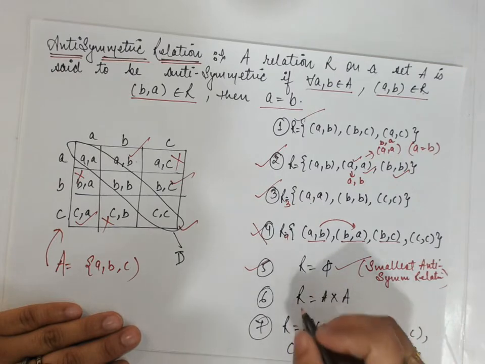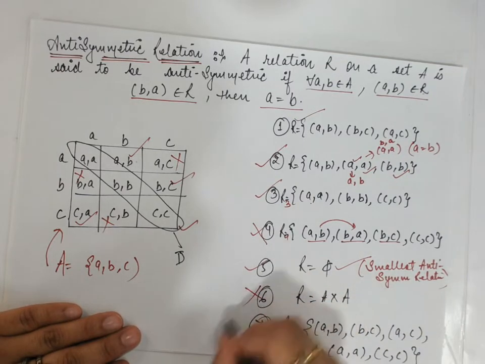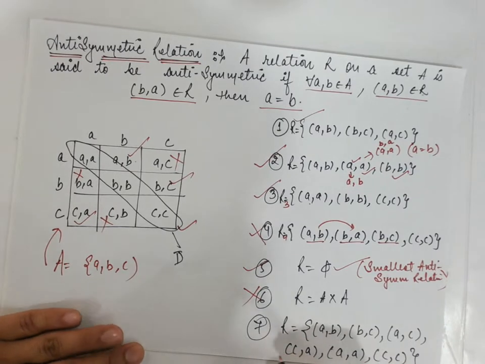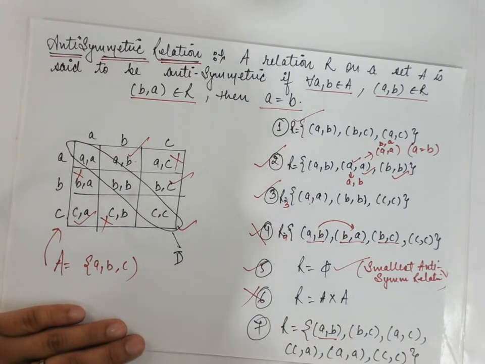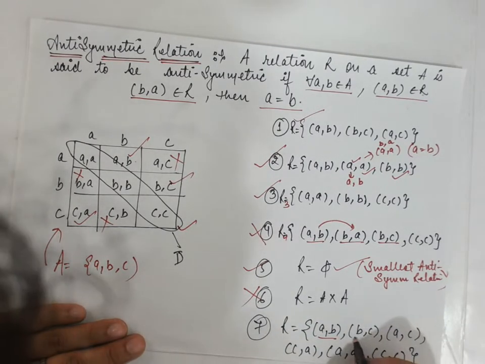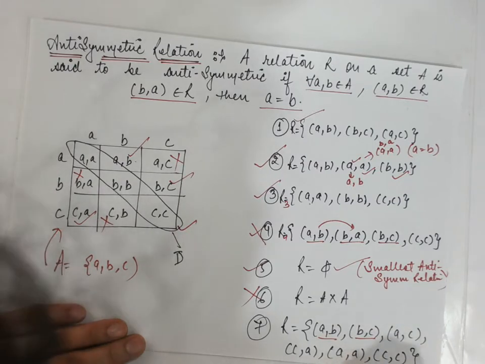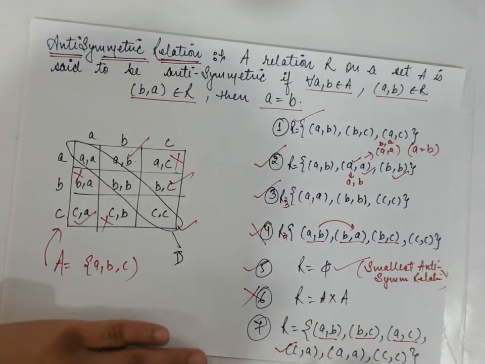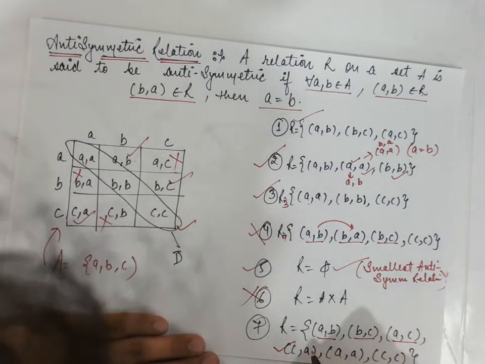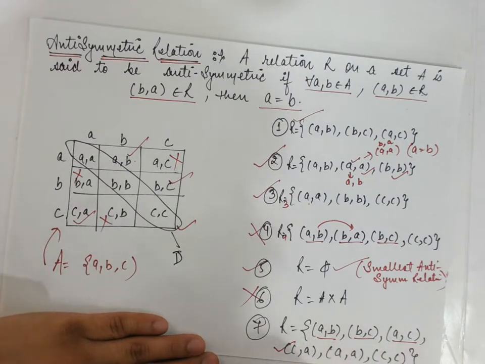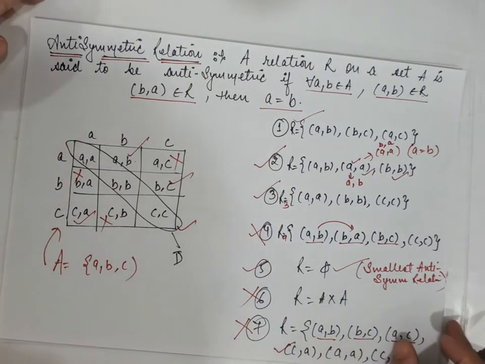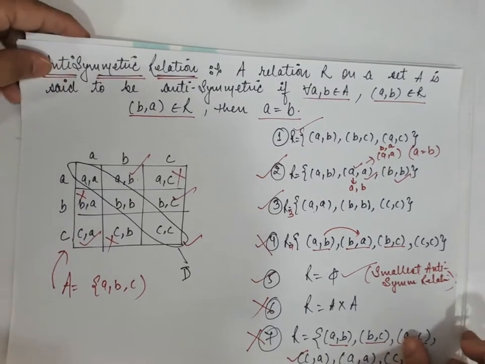Then R equal to A cross A is not an antisymmetric relation. Now check for R7. (A, B) is present. Is (B, A) present? No. (B, C) is present. Is (C, B) present? No. (A, C) is present. Is (C, A) present? Yes, (C, A) is present. This would not be allowed by antisymmetric relation, therefore R7 is also not an antisymmetric relation.